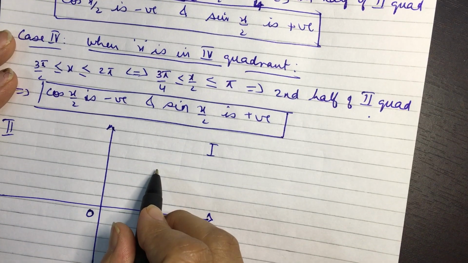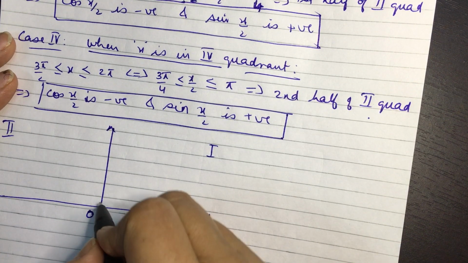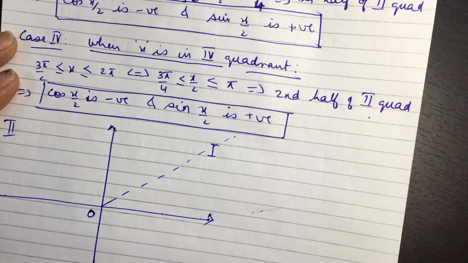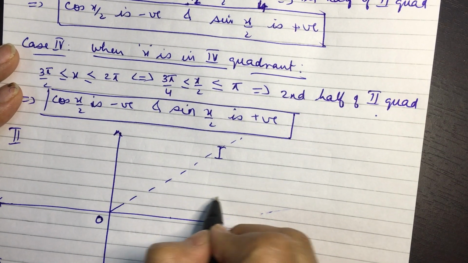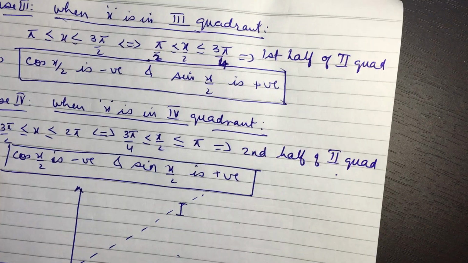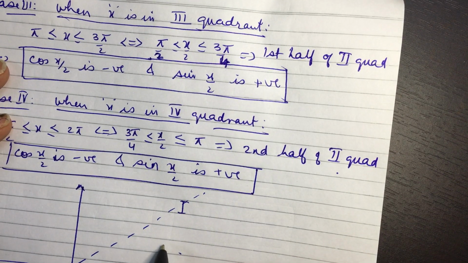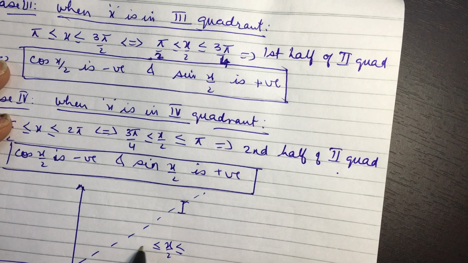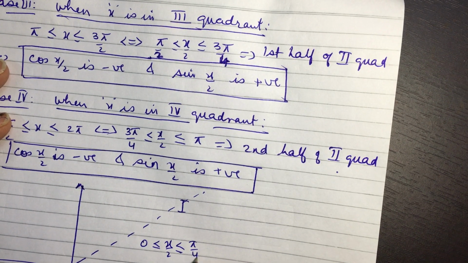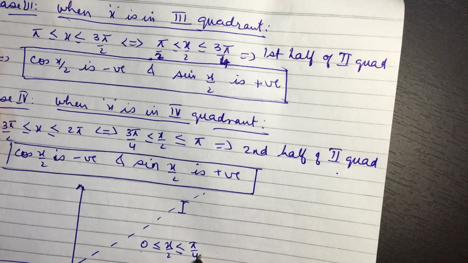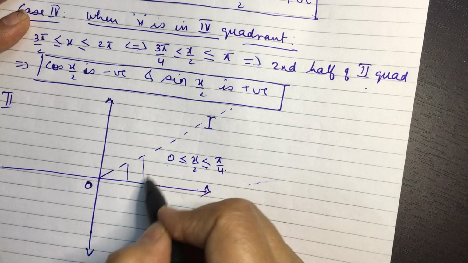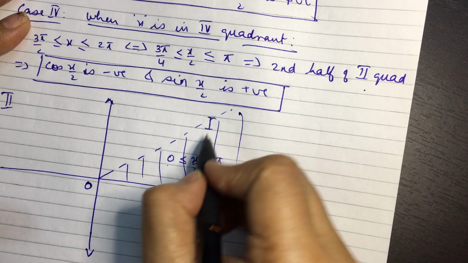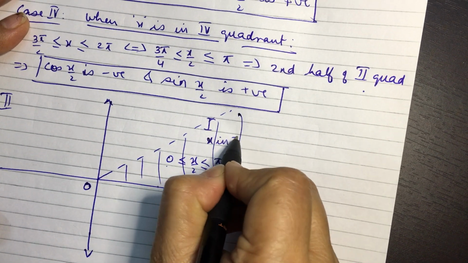So when x lies in the first quadrant, x by 2 lies in between 0 and pi by 4, which is the first half of the first quadrant. This is x in first.